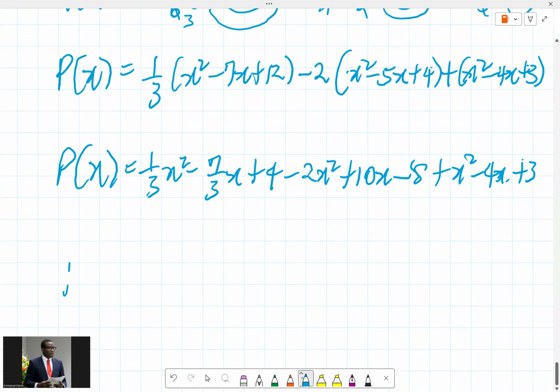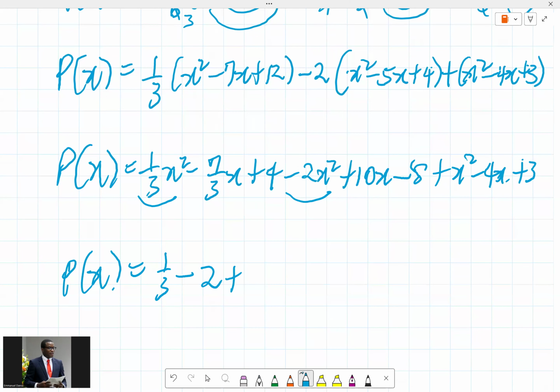Okay, so we can tidy things up. So P of x is equal to, for the x squared now, we have 1 over 3 minus 2, then plus 1. That goes for x squared.